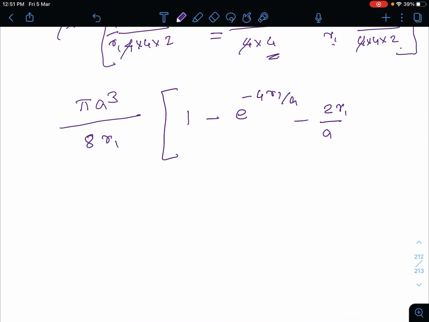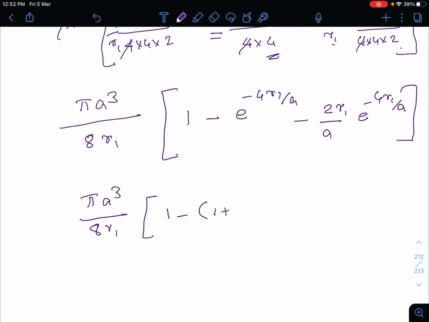Everything else remains, so e raised to minus 4 R1 by a. Good. So that becomes pi A cube divided by 8 R1 into 1 minus 1 plus 2 R1 by a, e raised to minus 4 R1 by a. So that is the first integral.